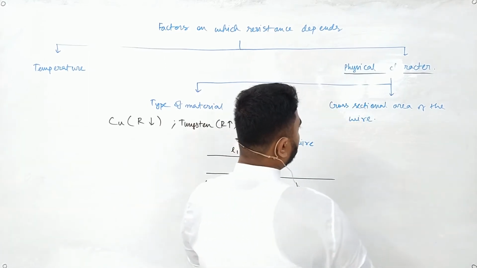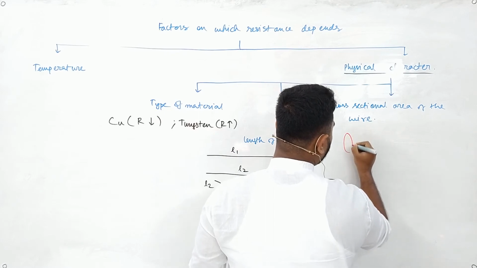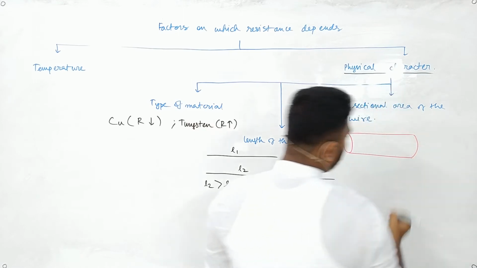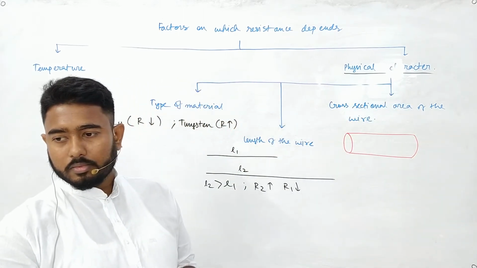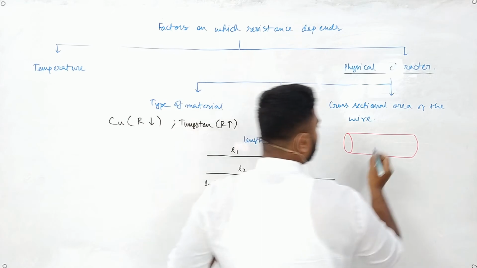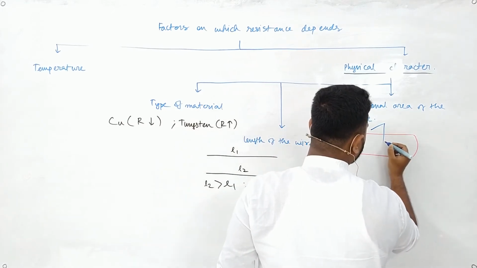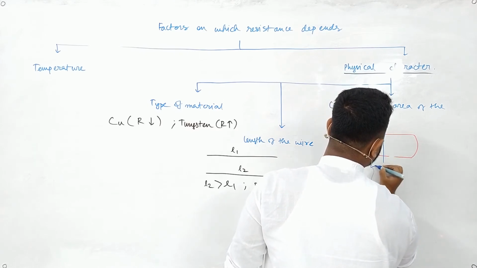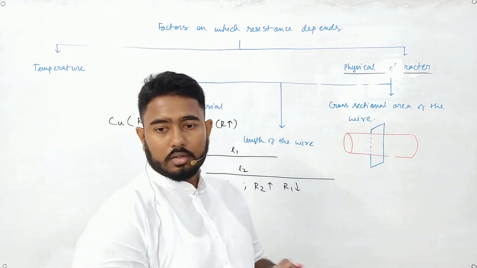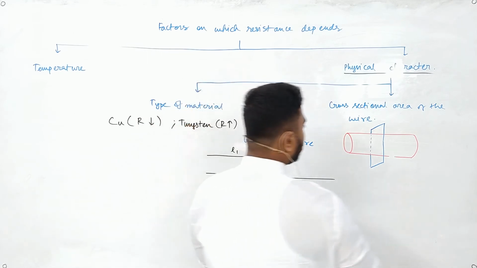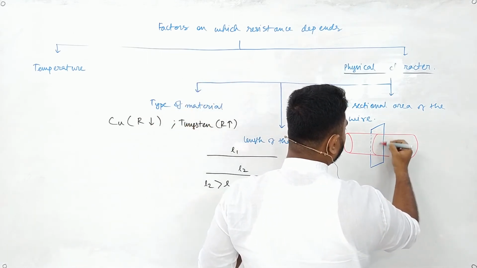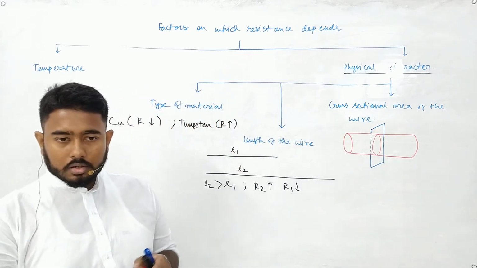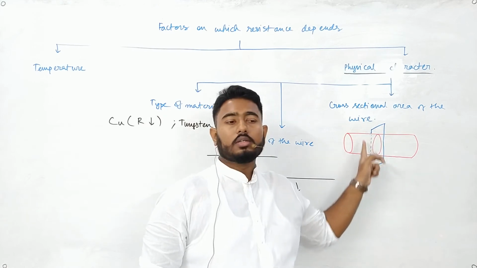If I cut this cylinder cross sectionally, like this, what is the figure we are about to get? If we cut it like this, we are going to get a circle, right?